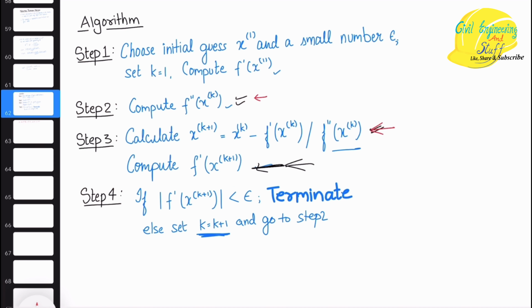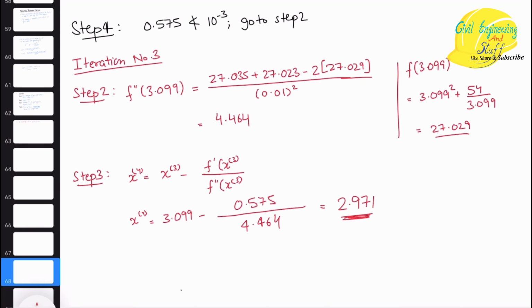And the step 3 also says that we have to find out the first derivative. So your formula for first derivative of x4, what was the formula?